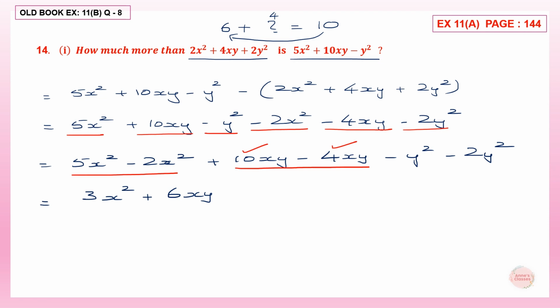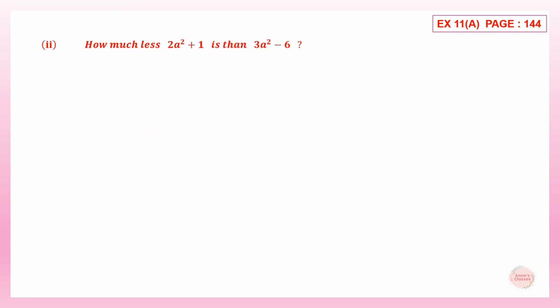Let's go to the next one. Here we have minus y square and minus 2y square. Now this will be 1. Signs are the same, isn't it? So we put the same sign and add the numbers. 1 plus 2 is 3. So put the same sign and write 3y square. So we have our answer: 3x square plus 6xy minus 3y square.